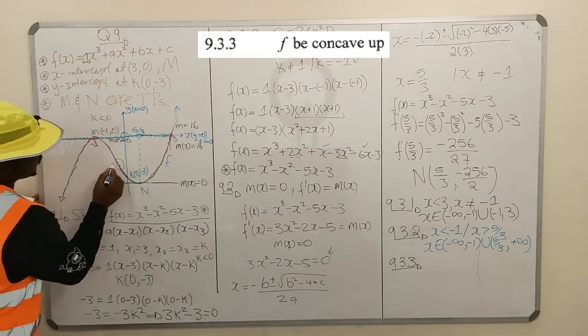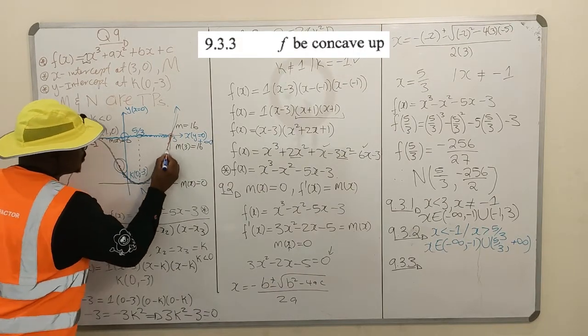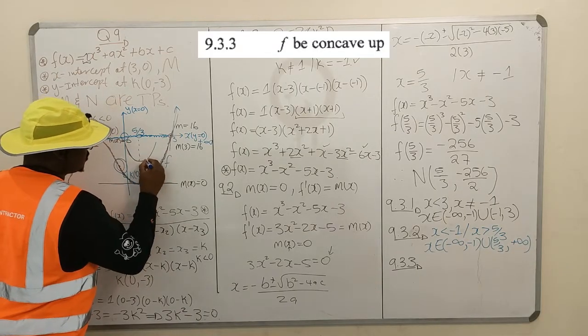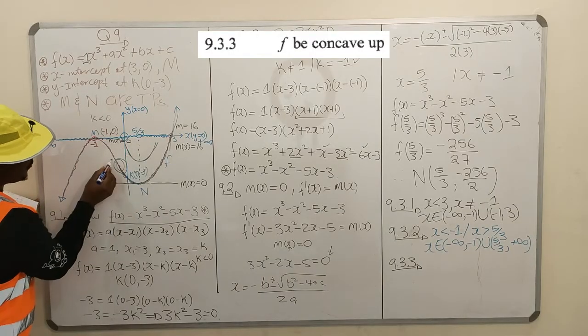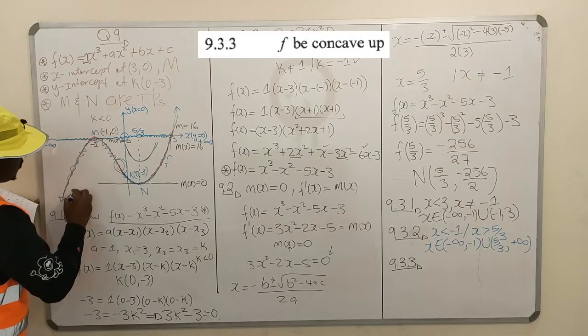From somewhere in this area, our function started having this U-shape, like this one. Before this area, you can see our graph was concave down. It was like this.